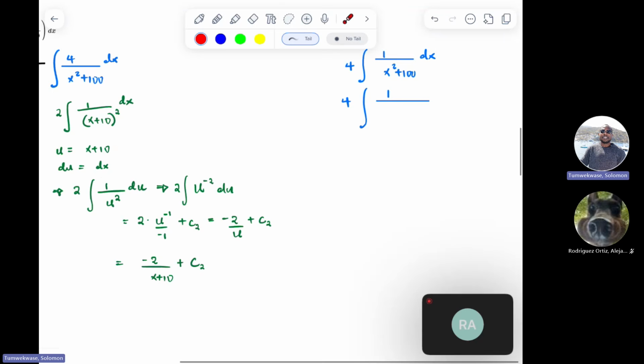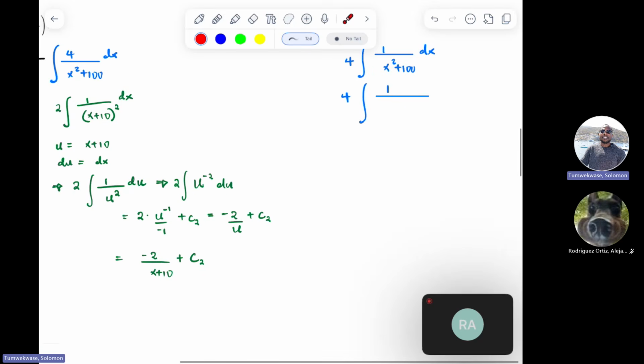So I want to make sure that instead of having x squared plus 100, I have something squared, plus 1. The way I can create that is by factoring out 100, so inside I remain with x squared over 100, plus 1, dx.